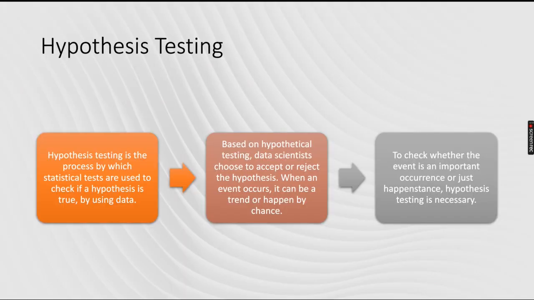Hypothesis testing. Hypothesis testing is the process by which statistical data is used to check if a hypothesis is true by using data. So based on hypothesis testing, data scientists choose to accept or reject a hypothesis. First, they develop a hypothesis and then they check based on the facts whether the hypothesis is correct or not.